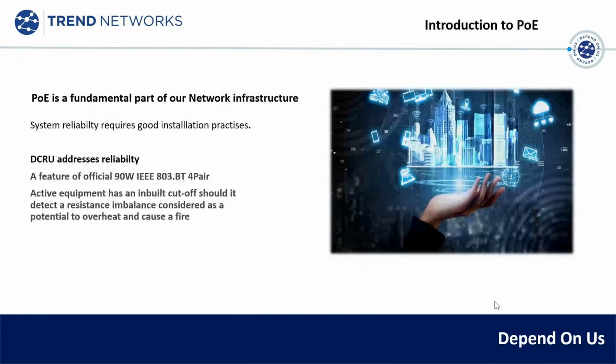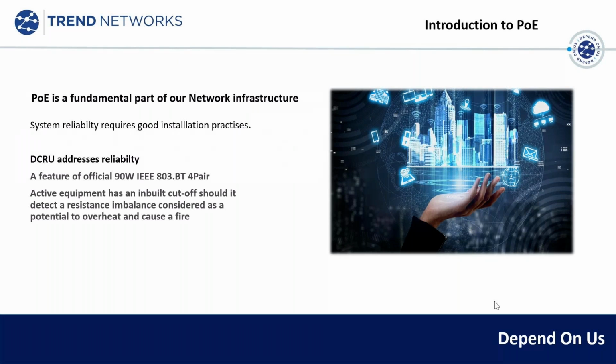Once again, for those who are familiar with PoE, we'll introduce you to the changes. So power over Ethernet, the next generation, which is now 60 watt and 90 watt, has an inbuilt feature. So the official 90 watt IEEE 802.3bt standard has an inbuilt cutoff.